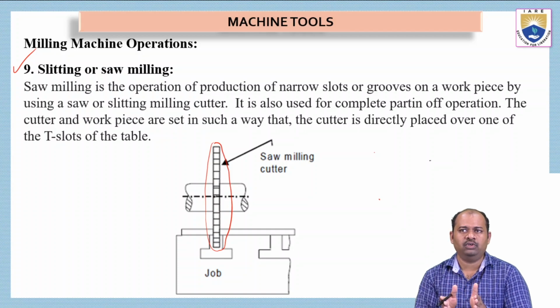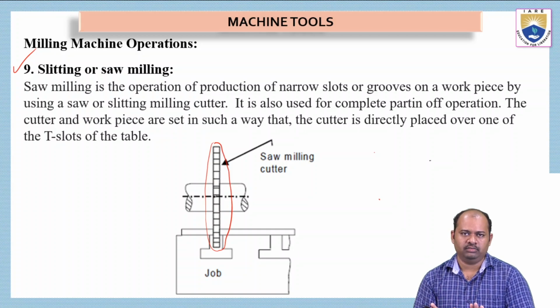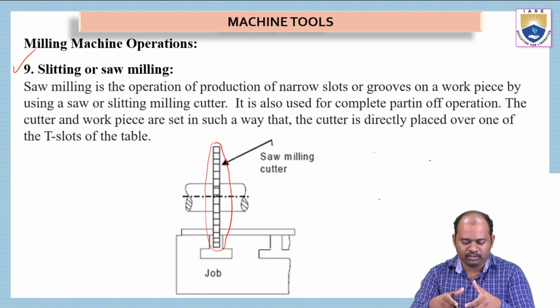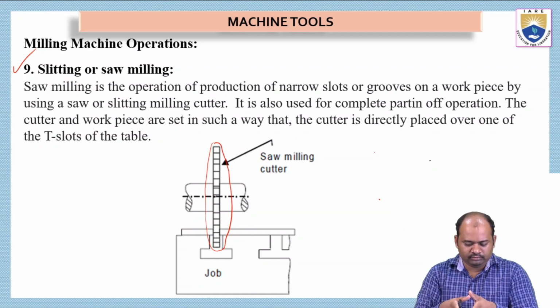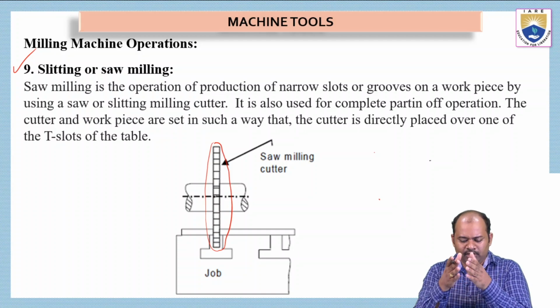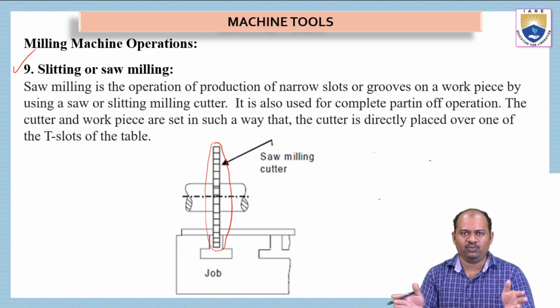It is also used for complete separation or partition. If we keep on cutting the metal with this operation, the entire workpiece can be divided into two pieces. Generally we use a saw for cutting wood into pieces.